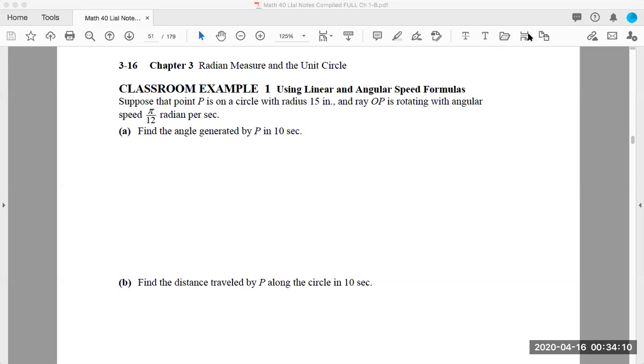So let's go ahead and draw out a diagram to the best of our abilities at this point. Let's see if I can just draw a circle. Yay. Don't know why I never noticed that. We're going to put a little point in here. And we have our ray OP. It doesn't matter where it's starting. It doesn't need to be measured from standard position.